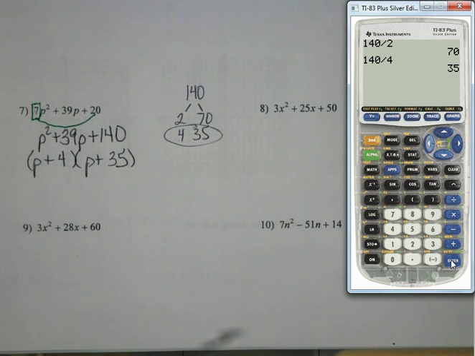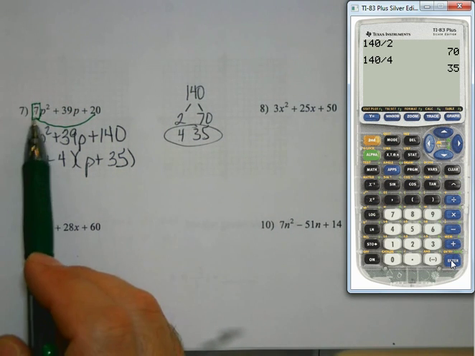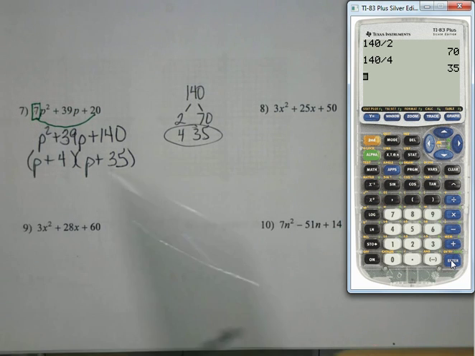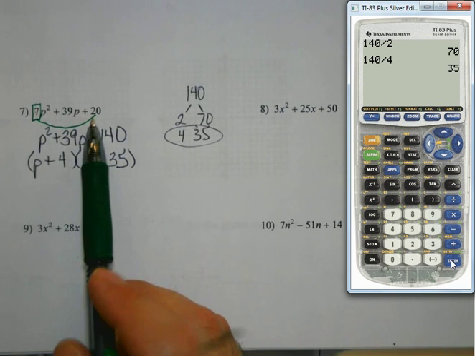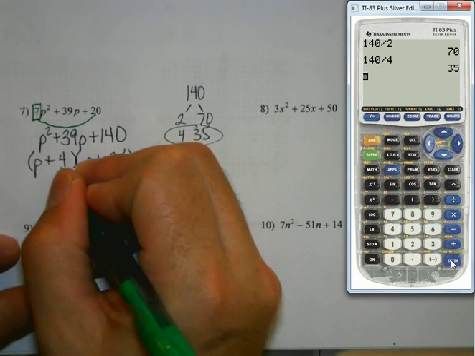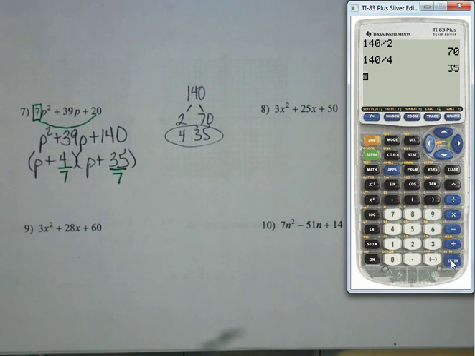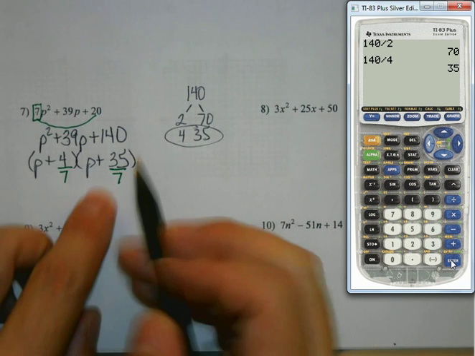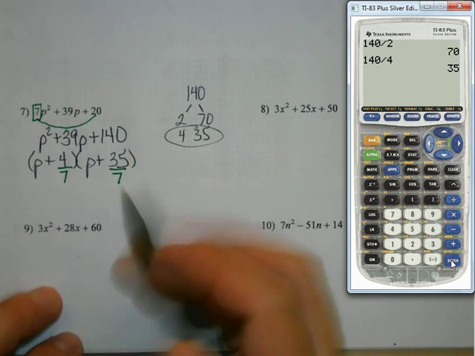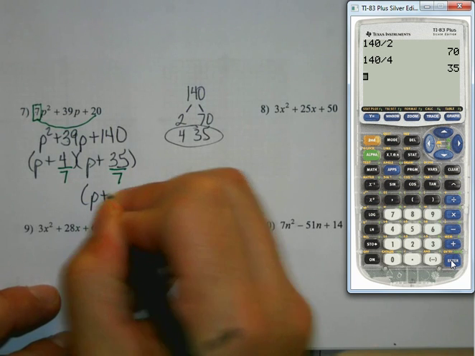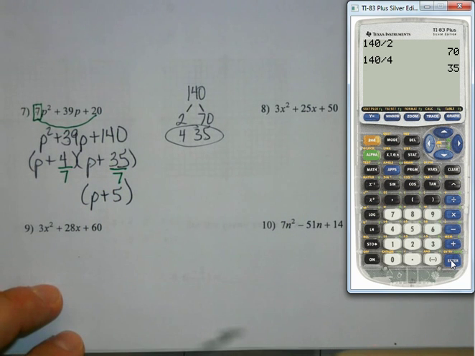But remember, this is called slide and divide. We did the sliding. Haven't done the dividing yet. So I'm going to divide those numbers by that front value, my p squared coefficient. If it goes in nice, 35 divided by 7 is 5.